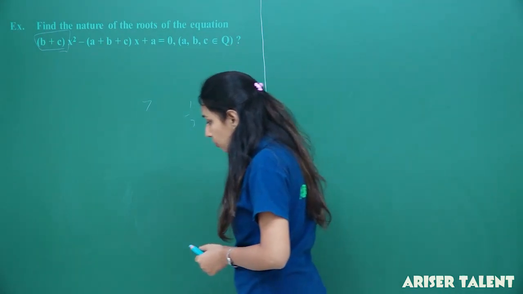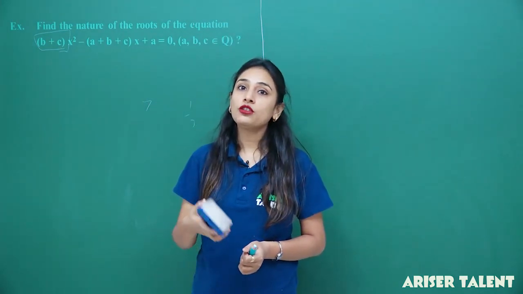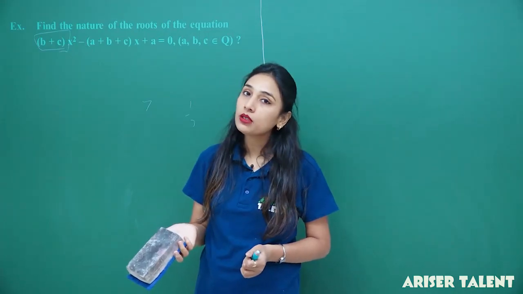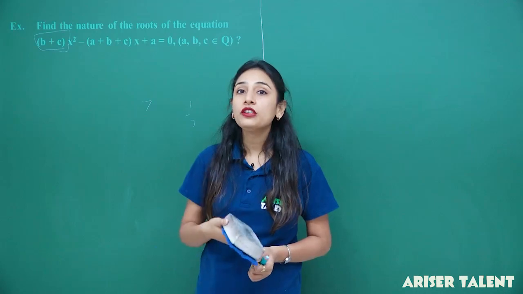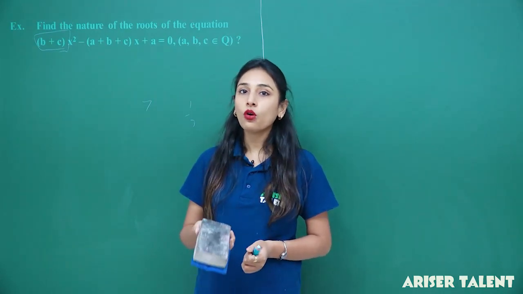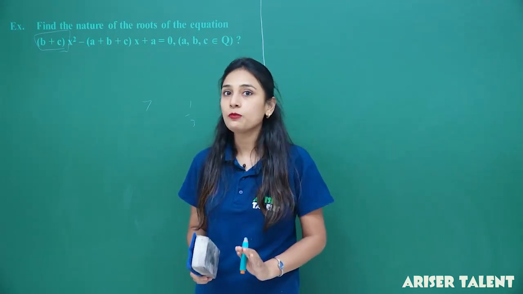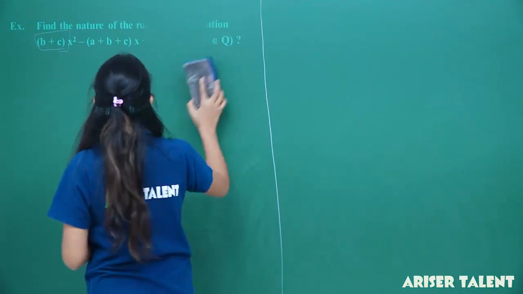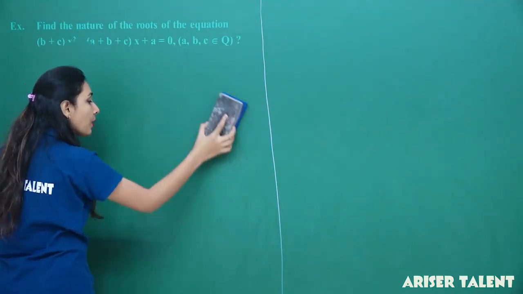Okay students, so note this: the summation or subtraction of rational numbers will give you what? A rational number. Multiplication and division of rational numbers will give you what? A rational number, students. Understood this? These are the basic properties of rational numbers you've studied in your lower classes, right? So I'm just reminding you, because we are going to use that property here.